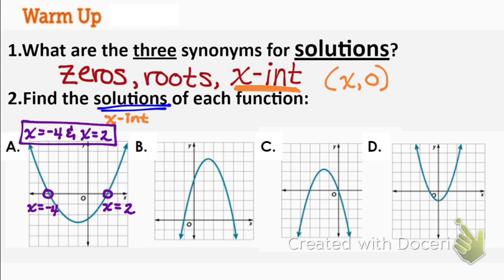Where are our solutions on graph B? 1, 2, 3, 4. Yep, x equals 4 and negative 1. So those are our 2 solutions there.